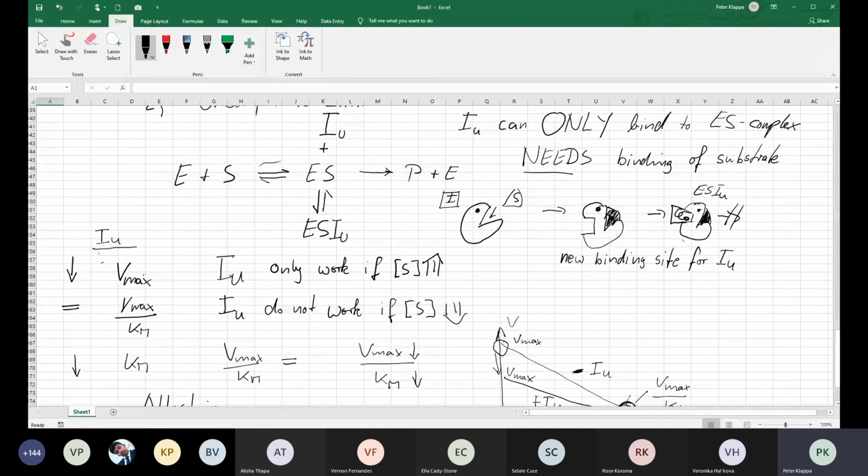But the inhibitor binds here to an allosteric site remote from the substrate and from the substrate binding site. And when you form this complex, this reaction here to form the product can no longer proceed. I hope this makes sense.